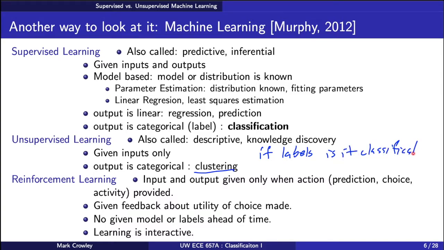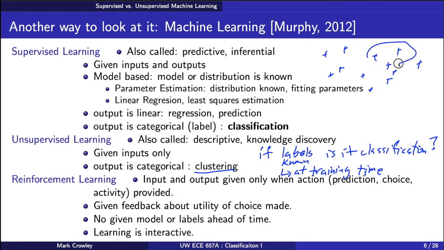Not necessarily. If they're known at training time, right? So if you know at training time, when you're training your model, and the labels are available, then they're known. But if we've got a bunch of data points and they have labels, but we're not telling the algorithm what they are, so these are the people with 1 car, these are the people with 2 cars, and we don't give these labels to the algorithm, then it's unsupervised.